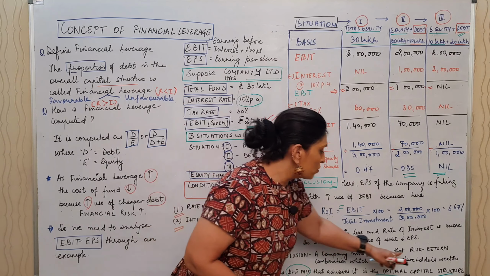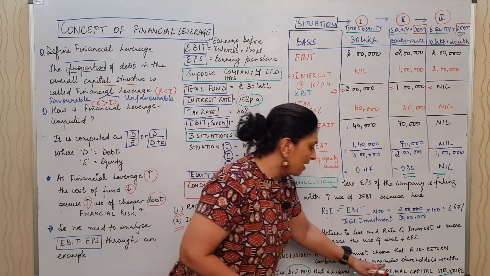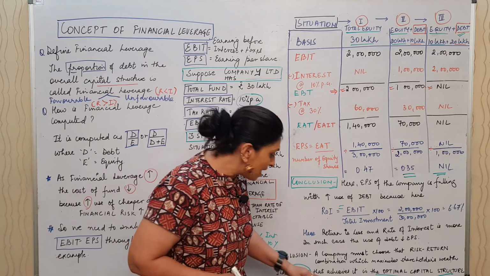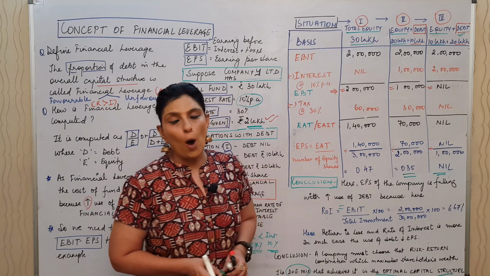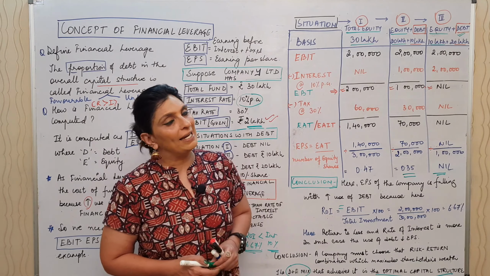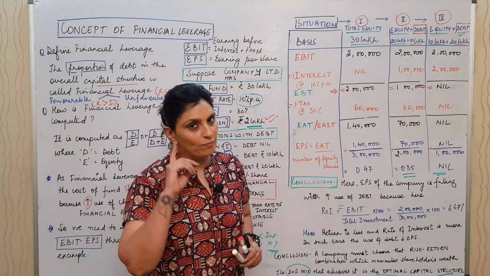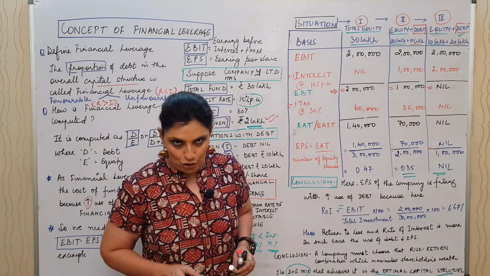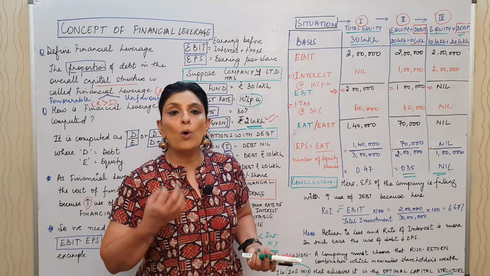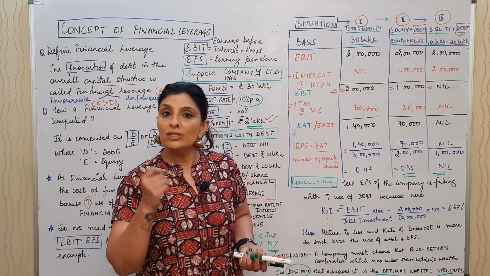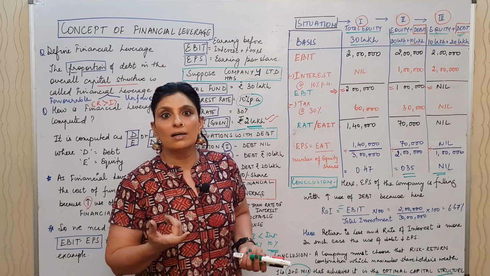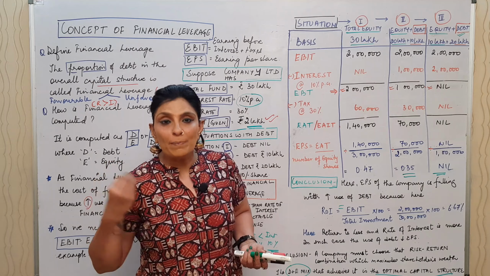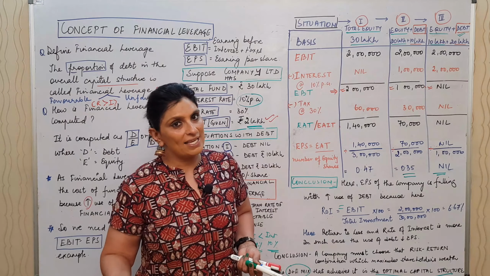Conclusion: a company must choose that risk-return combination which maximizes shareholders' wealth. That means the debt and equity mix should be such that you achieve an optimal capital structure, and that can only happen when you have a higher rate of return, that is return on investment, and a lower rate of interest. Of course, 13.33% is a better rate of return to pay off a 10% rate of interest than 6.67%.